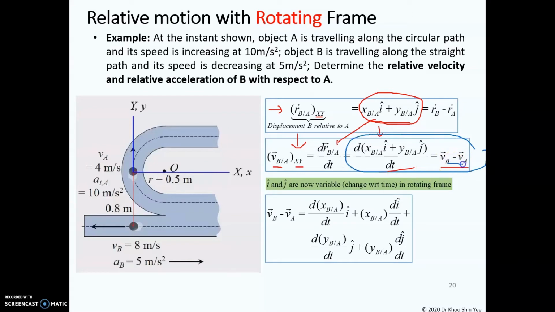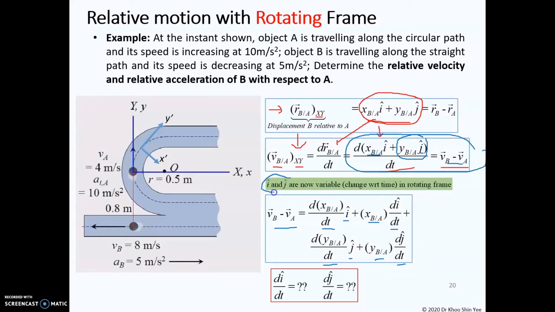So you have VB minus VA, which is equal to differentiating XB/A with respect to time and taking the i to be constant, plus differentiating di over dt and taking the XB/A to be constant. Differentiate this term, you have dy over dt and take the j to be constant, plus dj over dt and take the y to be constant.